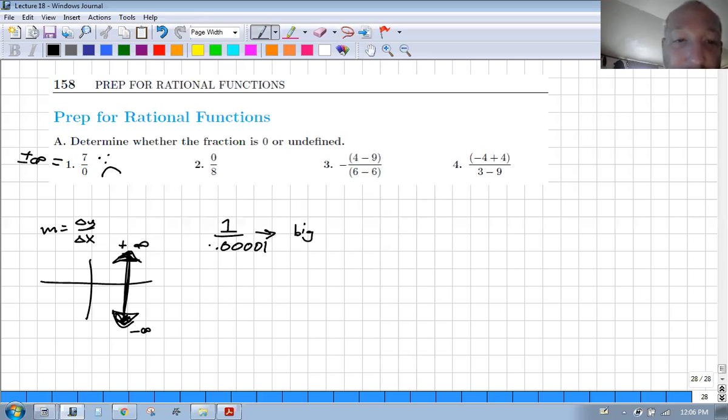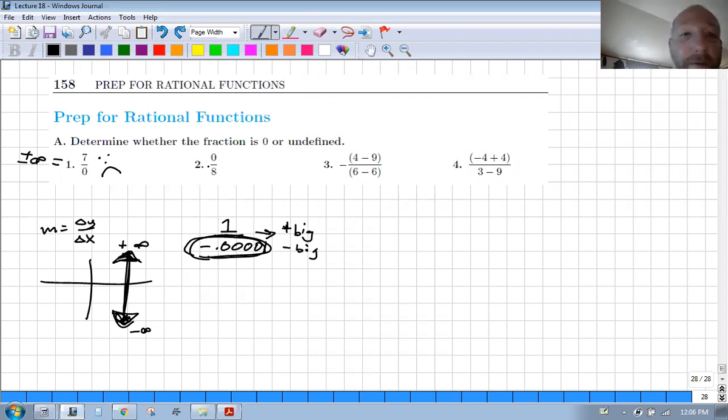But if I make this number down here negative, this is still a big number, but it's negative and huge. So if you look at the bottom number and let it get smaller and smaller and closer to 0, this gets closer and closer to infinity. But if you get closer and closer to 0 from the negative side, this thing here goes to negative infinity.